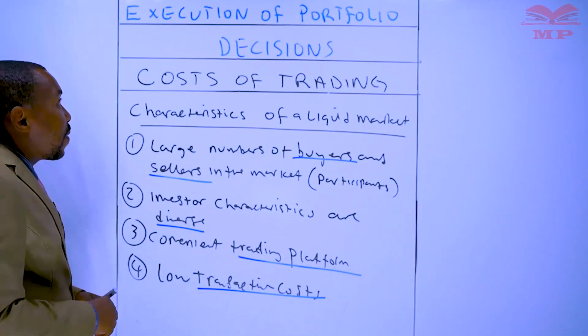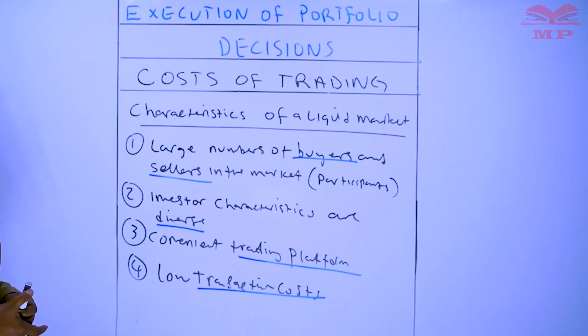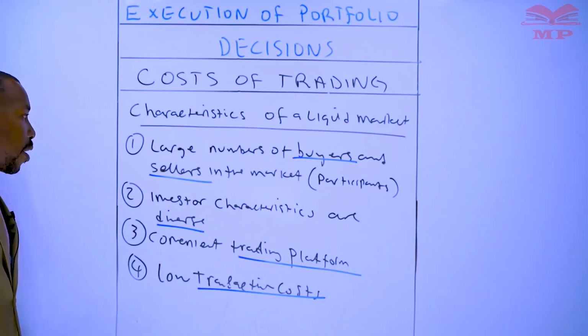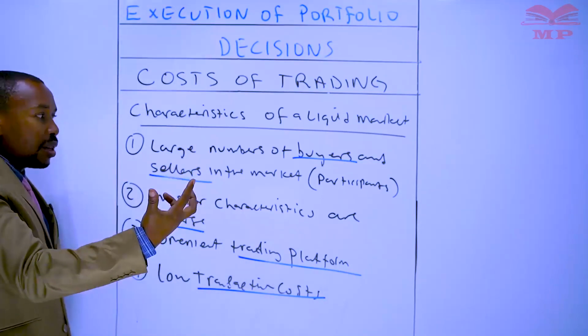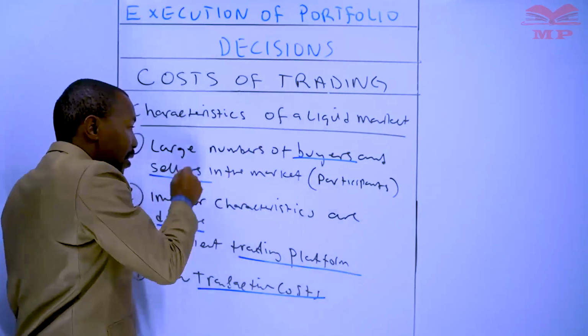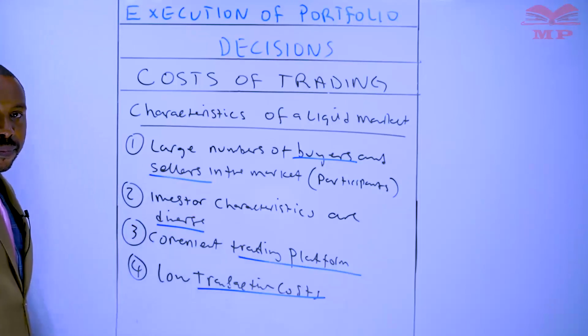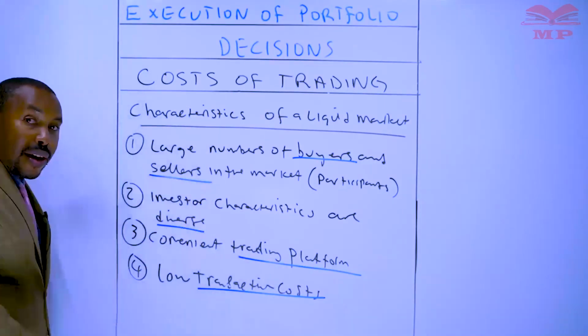So what are the factors that would lead to market illiquidity? It's obviously the contrary of this. What will lead to market illiquidity is if there are few buyers and sellers in the market. Number 2, investor characteristics are not diverse.